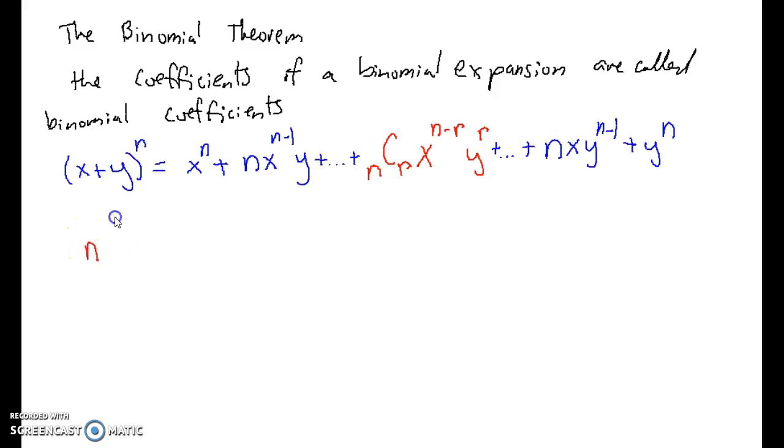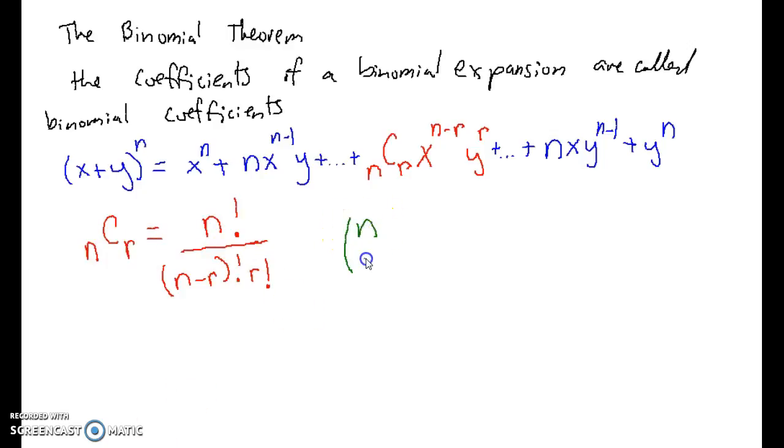NCR is this. It stands for n factorial all over n minus r factorial times r factorial. We've already talked about what a factorial is. Instead of NCR, this symbol you will also use, so you can make a little note.